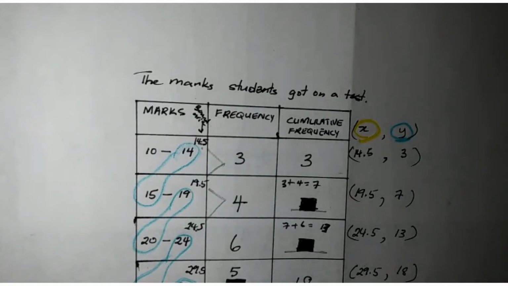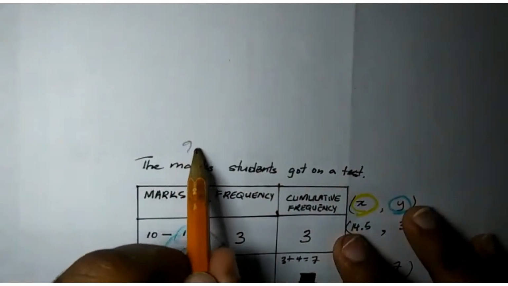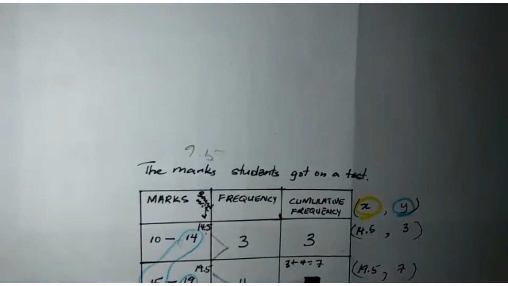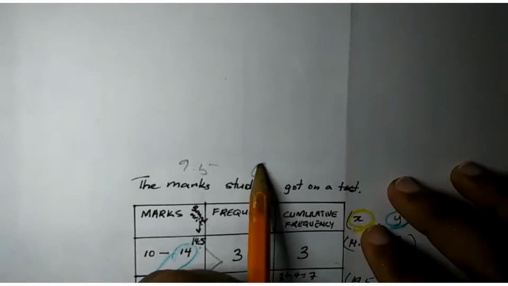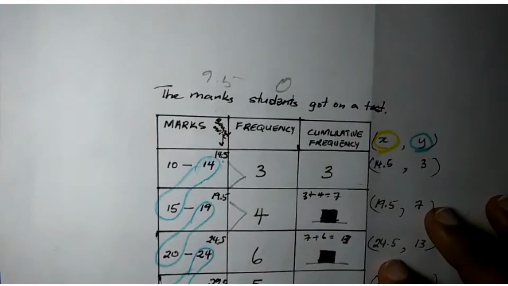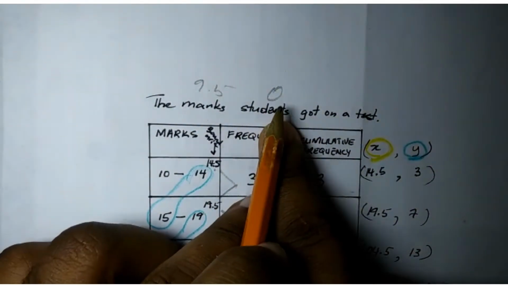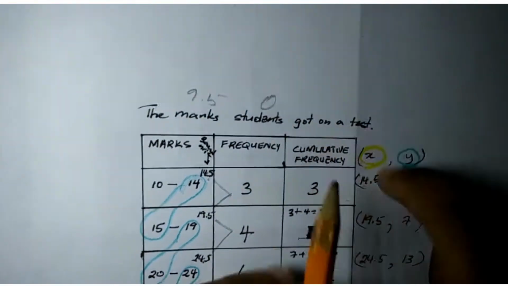And when I do the subtraction, I would get 9.5. So remember, 9.5 is this imaginary class boundary that would have existed, but it doesn't exist. And the fact that it doesn't exist means that the frequency is going to be 0.